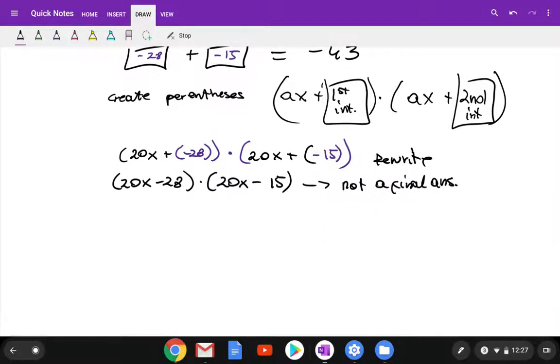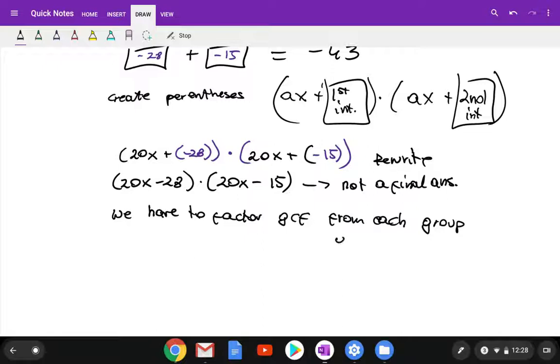Okay, don't forget that we have to factor the GCF from each group, and ignore it. Okay, so that's the algorithm.